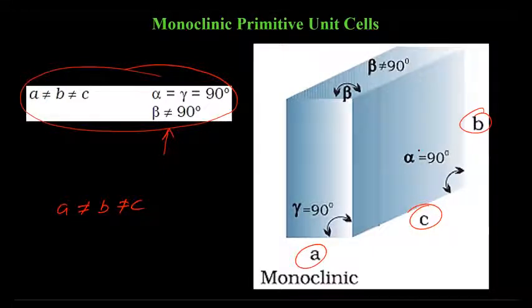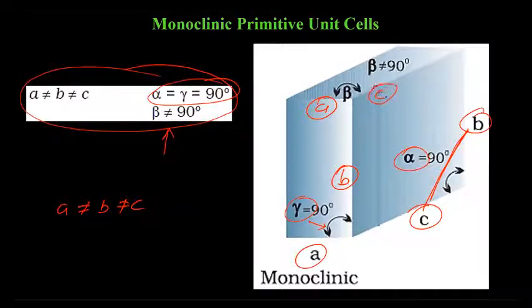In the diagram, it is given that alpha and gamma are 90 degree. Alpha will be the angle between B and C, 90 degree. Gamma is between A and B. This is B. This is again 90 degree. But beta is between A and C. It is not 90 degree.